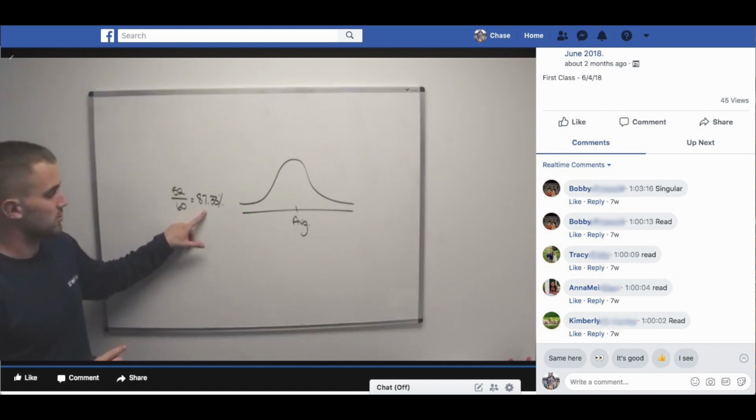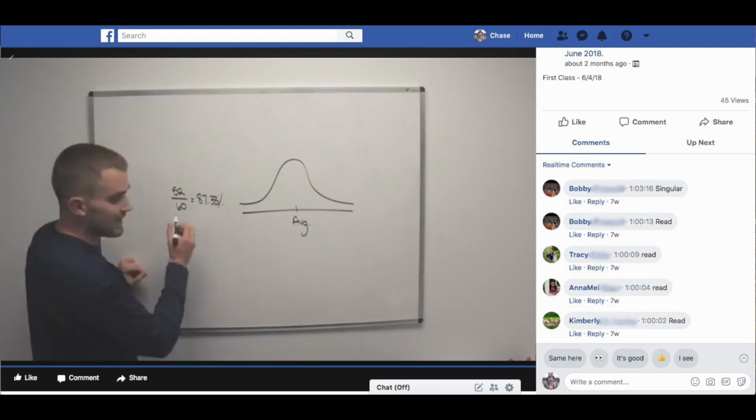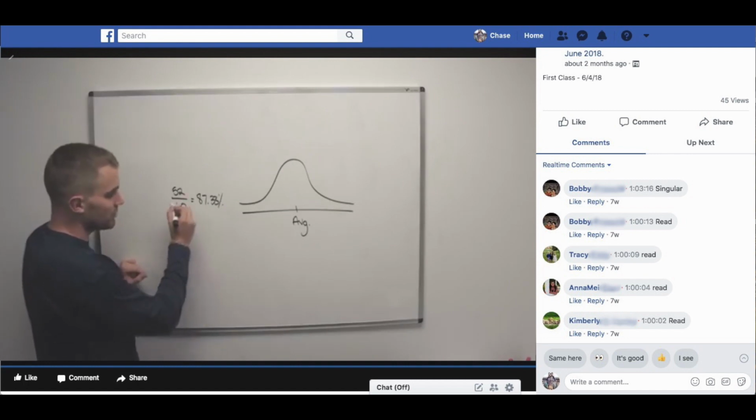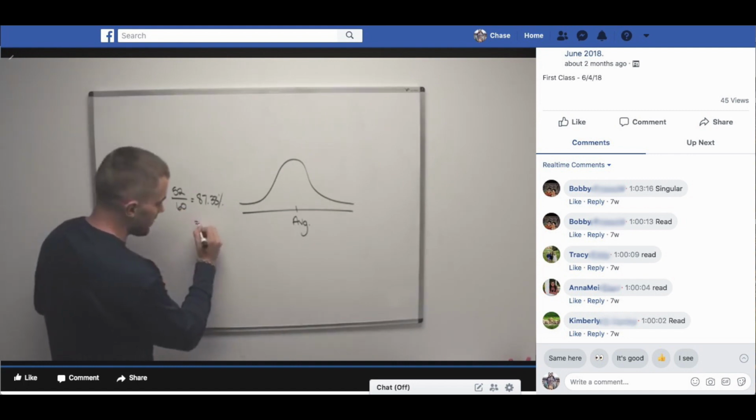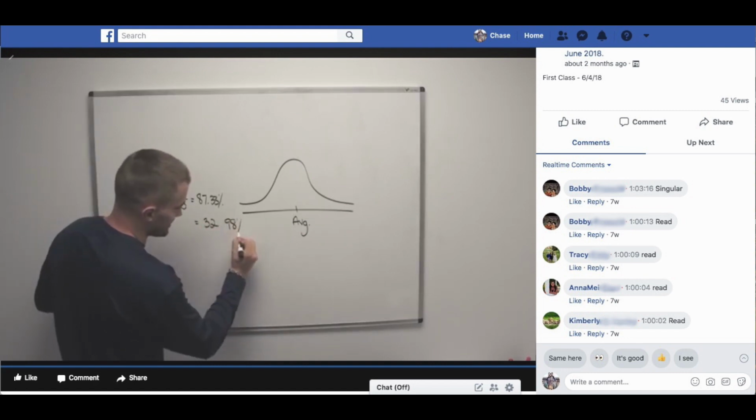Is that right? 52 out of 60? Yeah, I think that's right. 87.33%. On the math test, if you get a 52 out of 60, that would be the equivalent of an ACT score of about a 32, which is in turn in the 98th percentile.